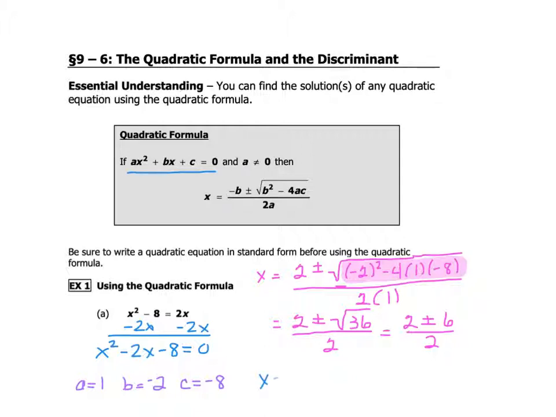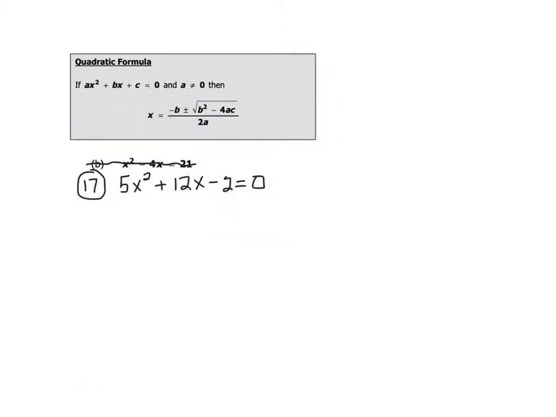So x equals 2 plus 6 over 2, which is 8 over 2, which is 4. And 2 minus 6 over 2, which is -4 over 2, which is negative 2. My two answers are 4 and negative 2.